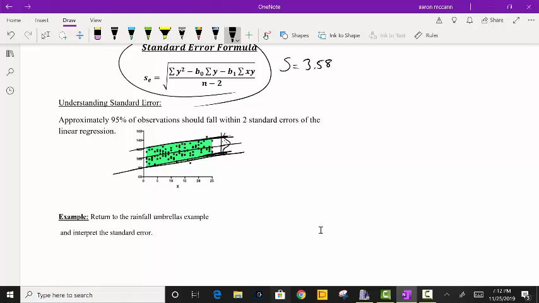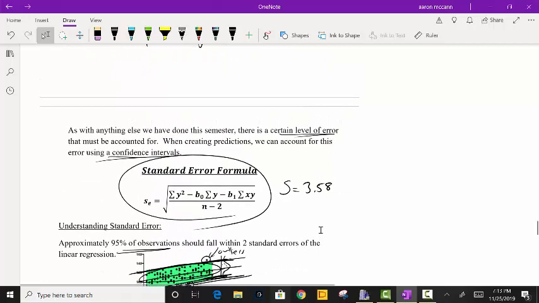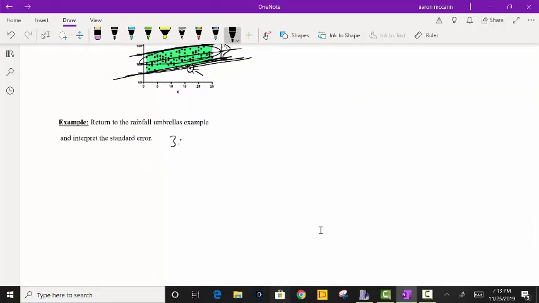Okay, so at any point on this line, if we were to go 2 standard errors above or below, 95% of the observations should fall within that window. Now, we might have some outliers, some odd or some rare data. That's fine, but 95% of our data should fall in between the two. So the standard error for rainfall is 3.58. If we take 3.58 and times it by 2, we get 7.16.